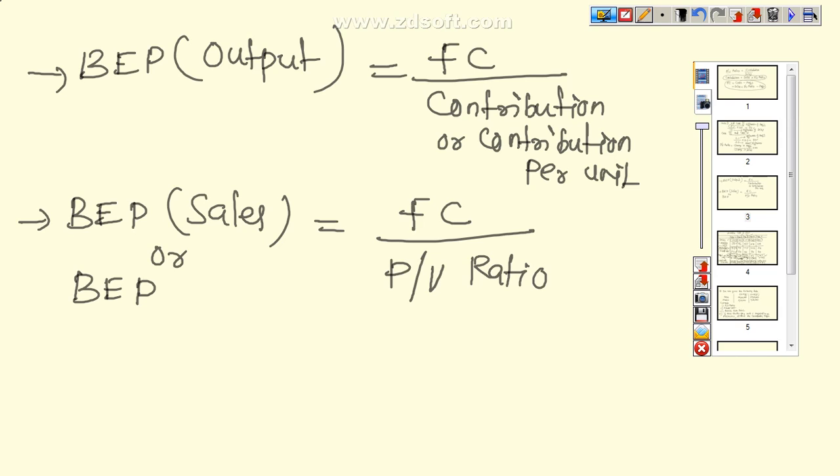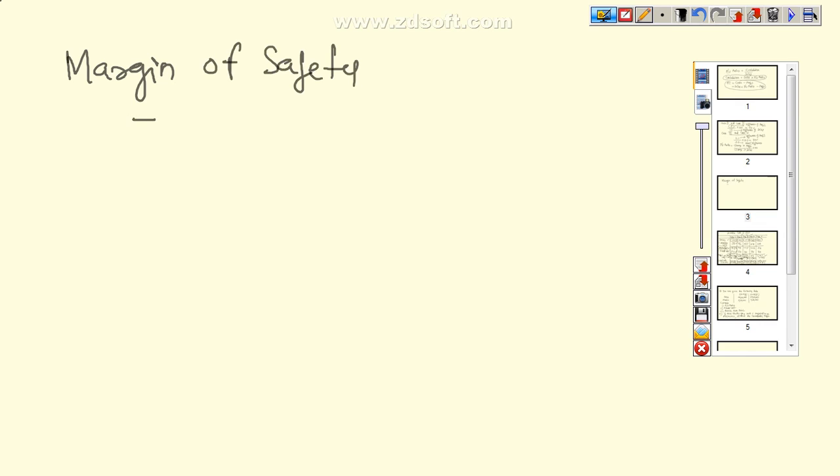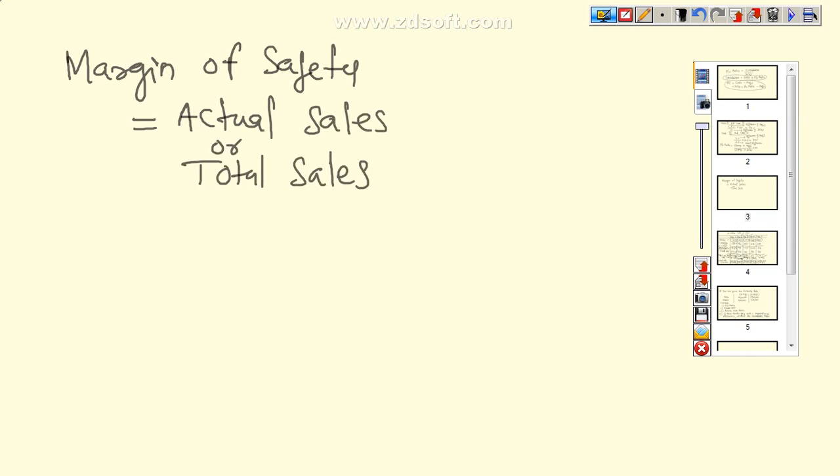After this, there is a term that we term margin of safety. Margin of safety is the difference between actual sale, it is also known as total sale, minus break even point sale.